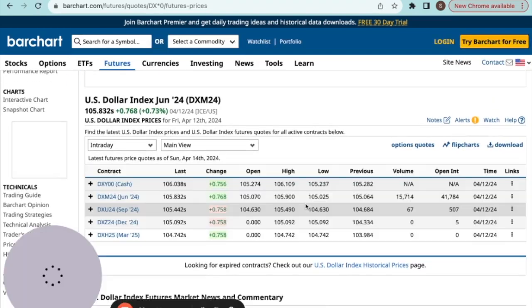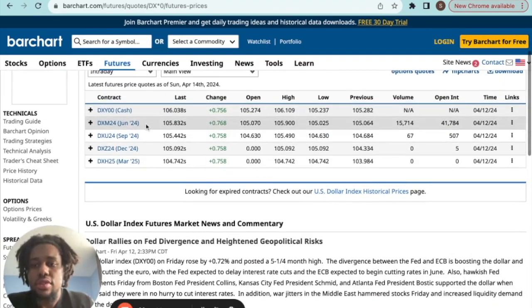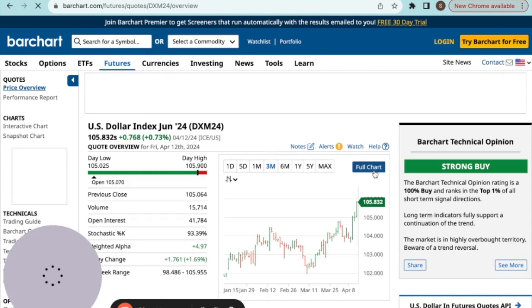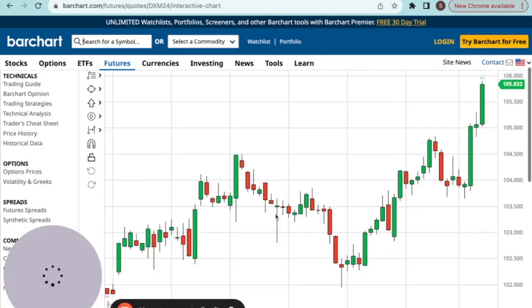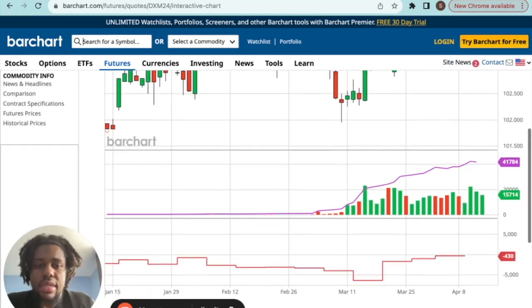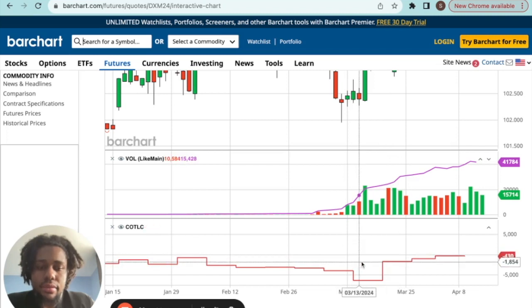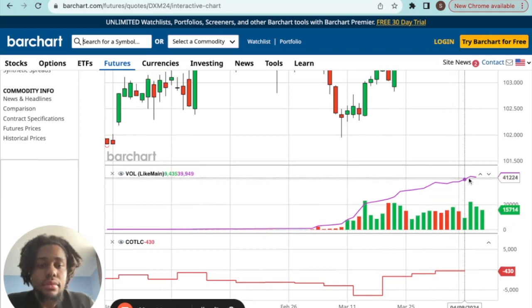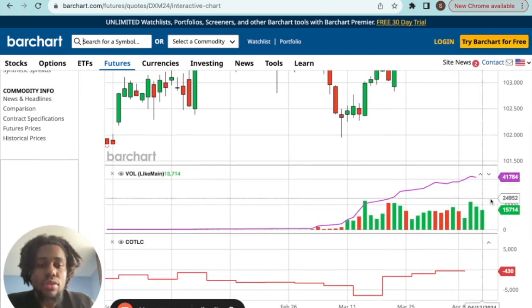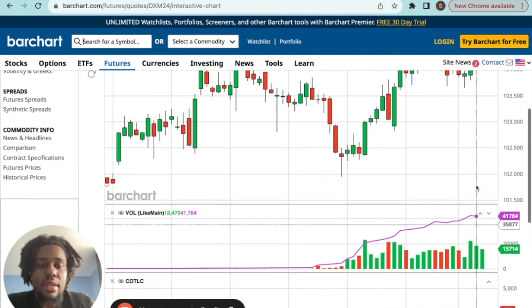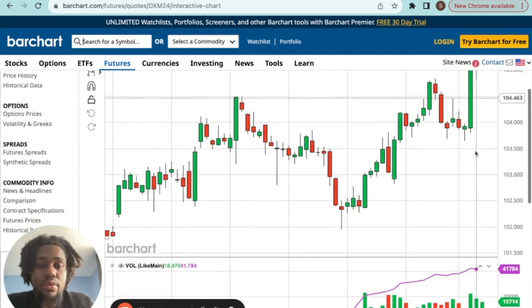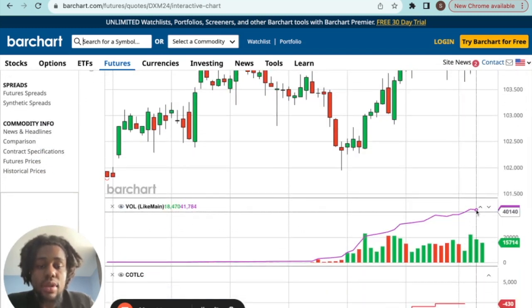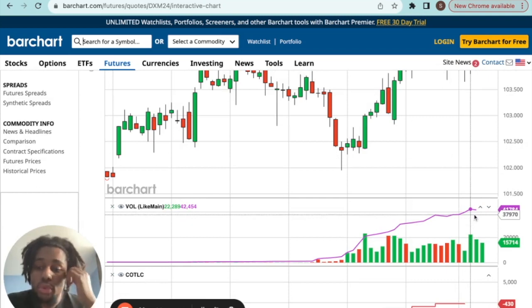Taking a look at the dollar index, if we just look at the June contract, we can see that smart money are hedging bullishly on the dollar. However, we can also see that we are in a deep premium also, that we've built in a lot more short orders.